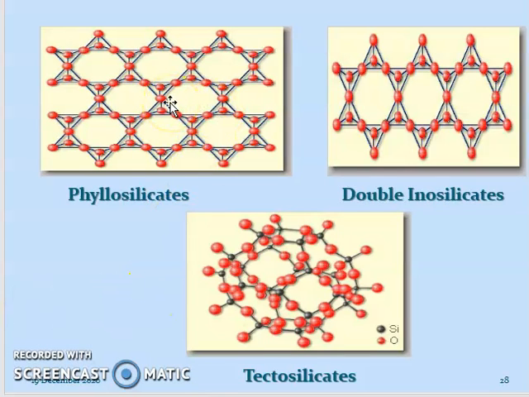The fifth most important silica unit is phyllosilicate, or a sheet of silicate, which is built in one direction, on one level, and produces a sheet of silica.